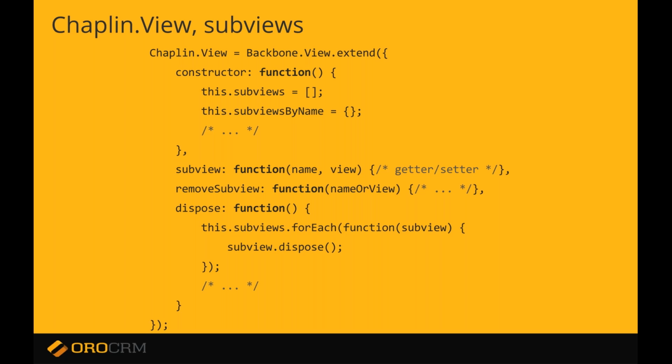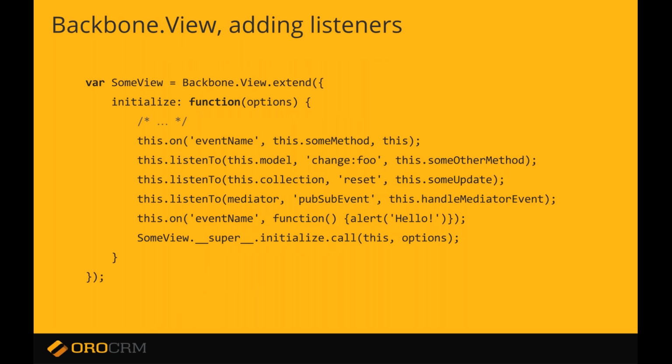And Chaplin provides methods to get, set, and remove a subview by name, and inside the dispose method, Chaplin will automatically dispose all subviews once the main view is disposed. So this approach is also quite useful for complex solutions.